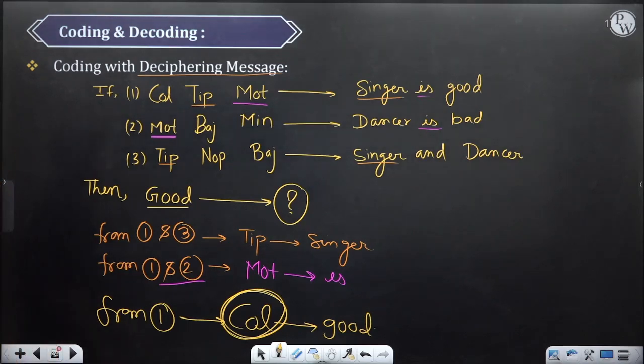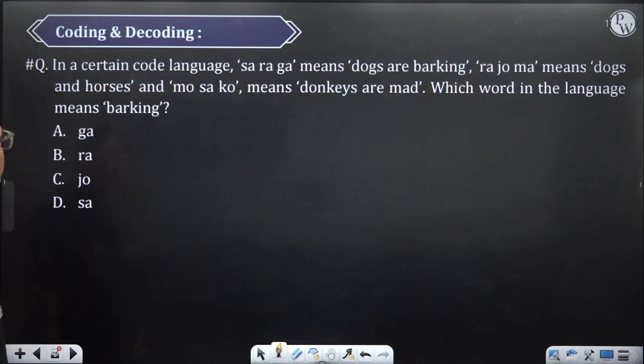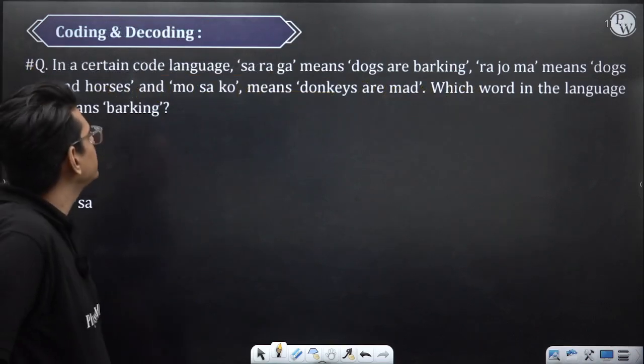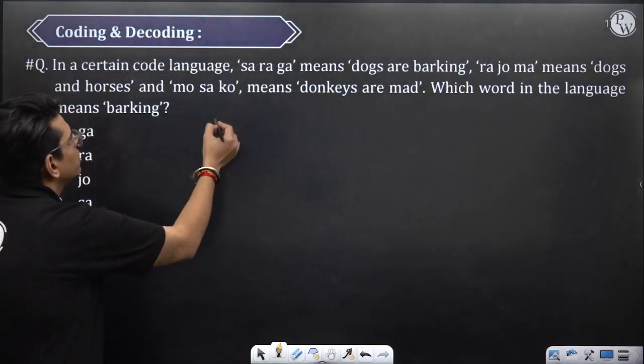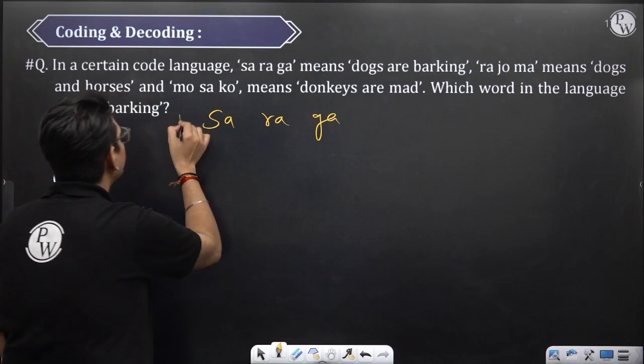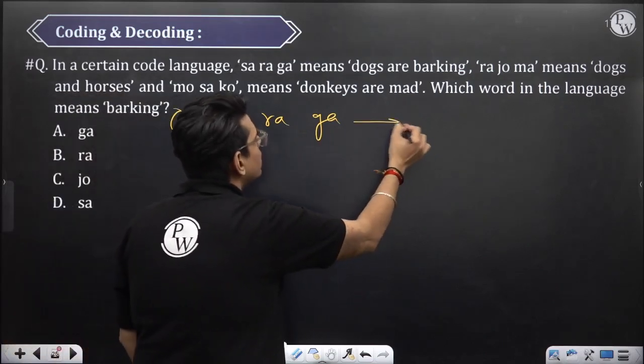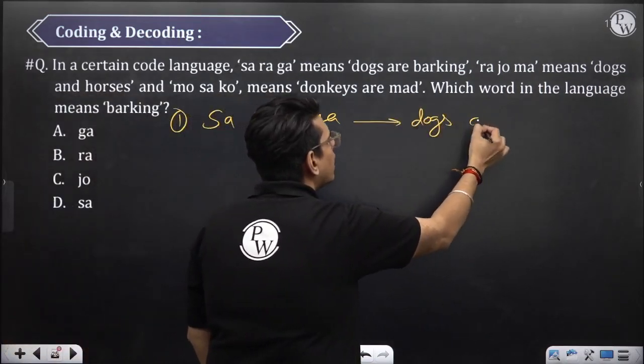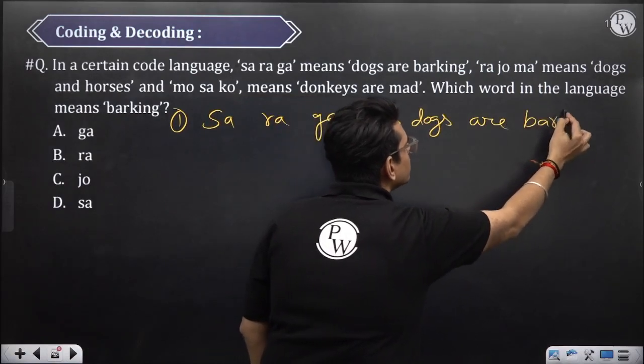Okay, so let's start. First of all, in a certain code language, sa ra ga is nothing but dogs are barking.